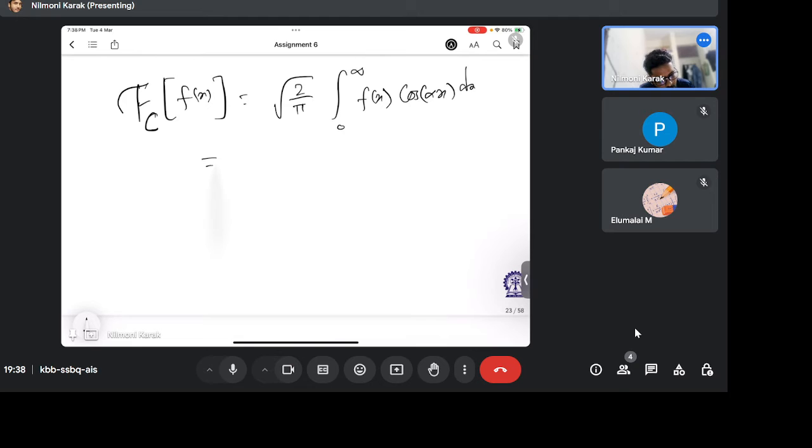So put root 2 by pi, integral from 0 to infinity, the function x times e to the power minus 2x cos alpha x dx. Do you have any idea how to integrate this?